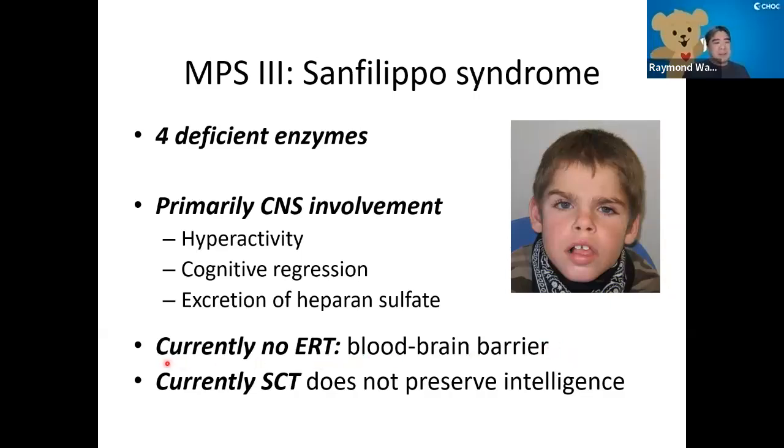And there have been attempts to give ERT, whether intrathecally or through a transcytosed enzyme, but so far nothing seems to be approved or very helpful for Sanfilippo.